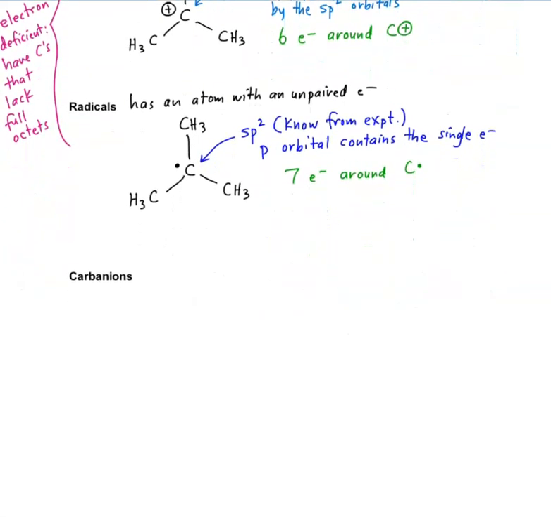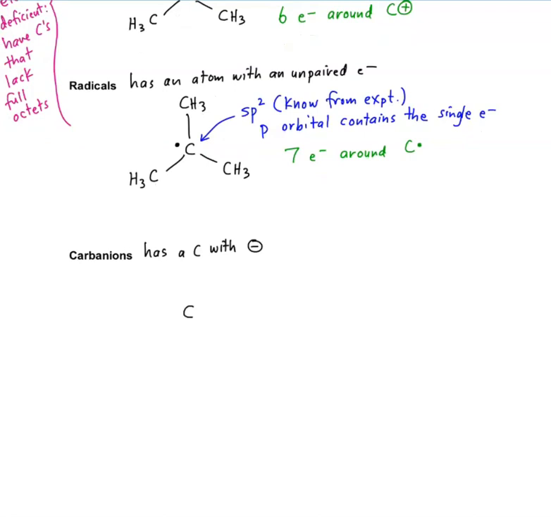Okay, a third type of reactive intermediate that you'll see more next semester is called a carbanion. A carbanion has a carbon with a negative charge. So let's just look at a structure of a carbanion. And that looks like so.